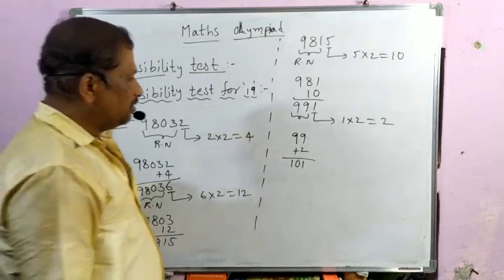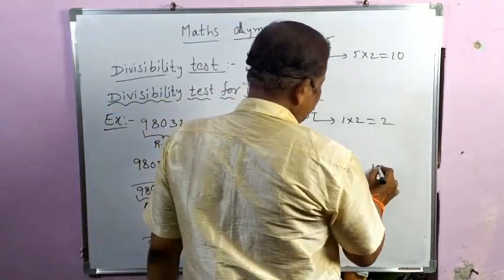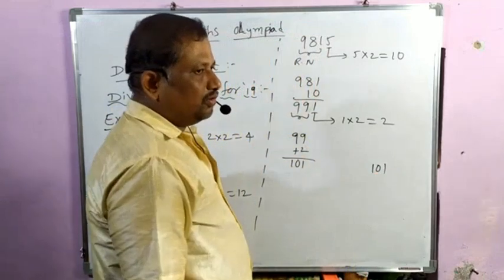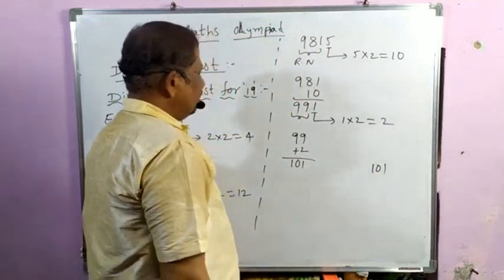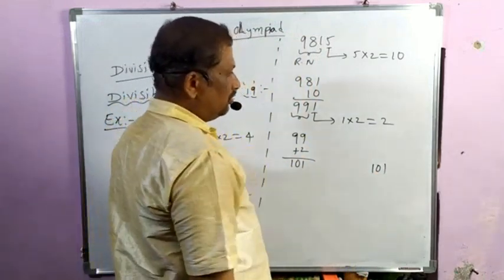Check it. So 101, you have to check whether it is divisible by 19. 85, not divisible.